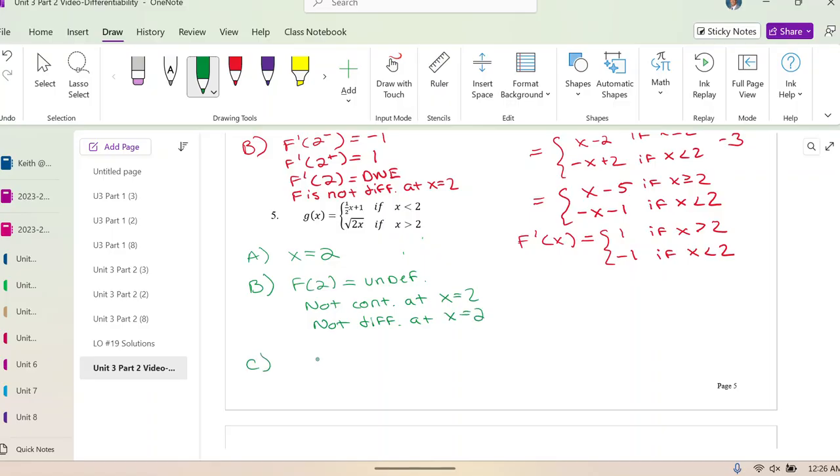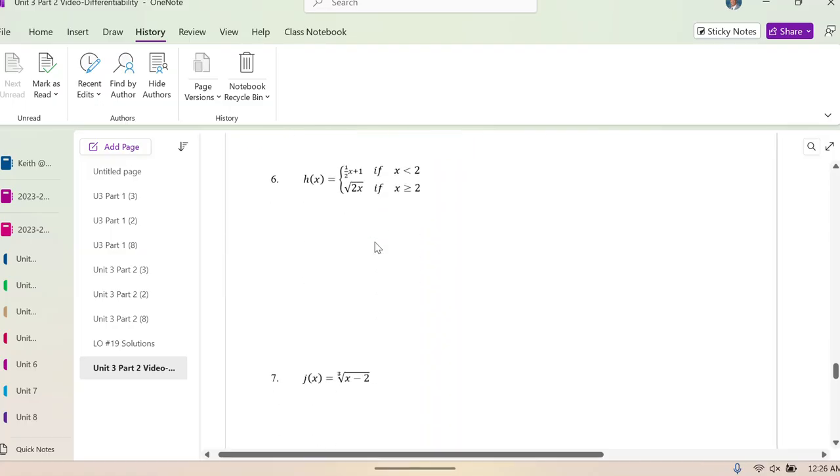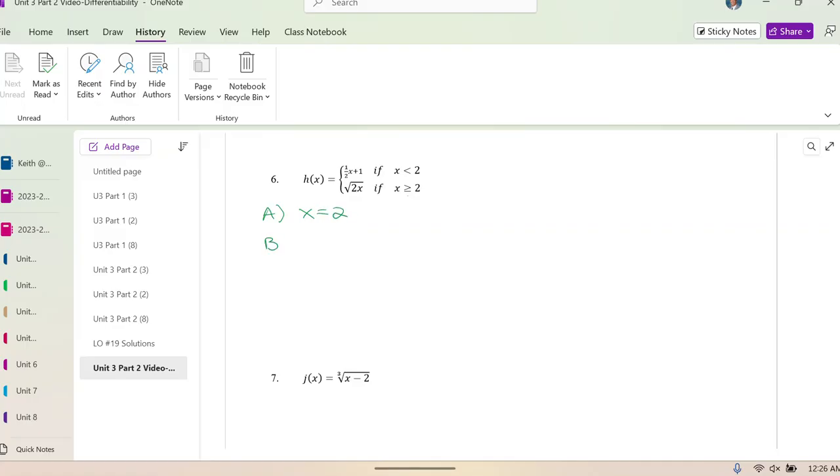So for part C, we say it's continuous from negative infinity to 2, union 2 to infinity, and it's also differentiable on the same interval. All right, so number 6 is the same problem, except now it says equal to 2. So we'll evaluate at 2 for potential not differentiable.